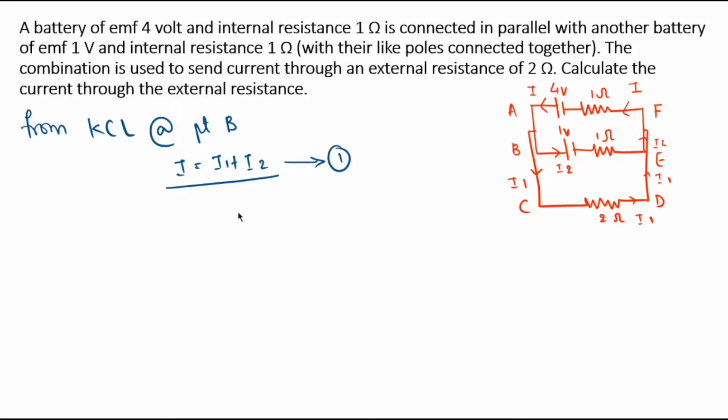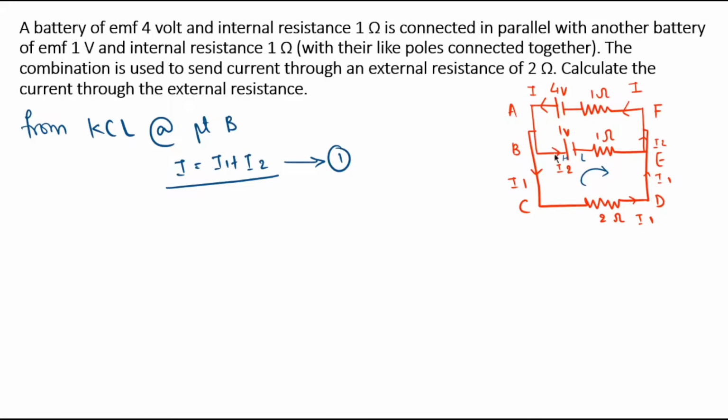Now in order to evaluate I1, we need to apply KVL. Before applying KVL, we need to know some rules. First, if you are moving from higher potential to lower potential across a cell, you take the sign as negative, and if you are moving from lower to higher, you take the sign as positive.